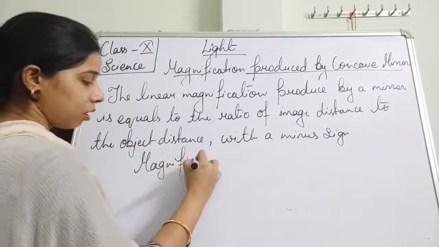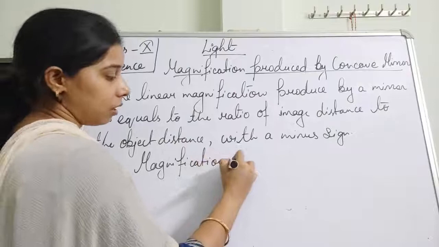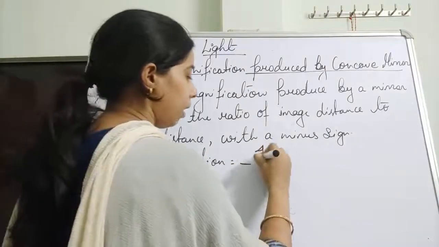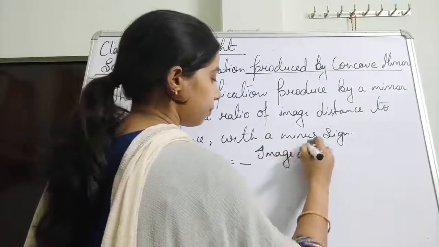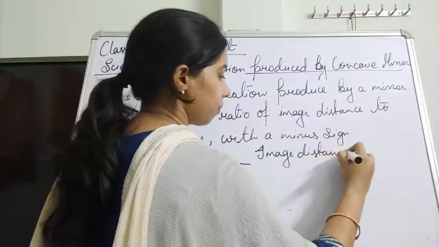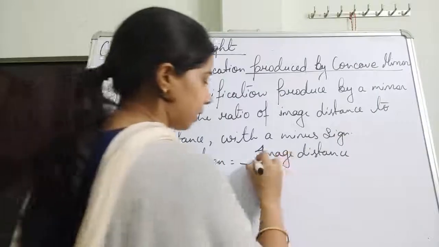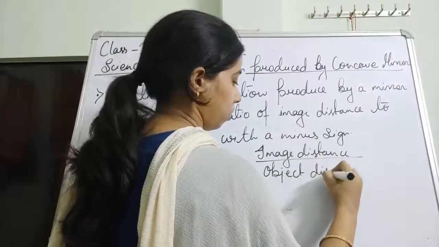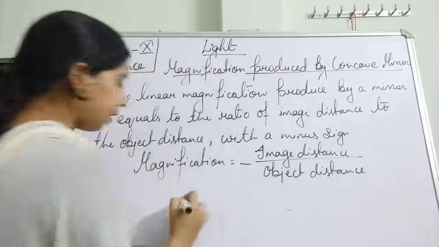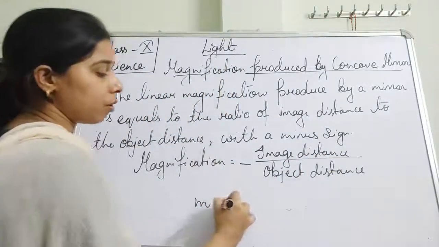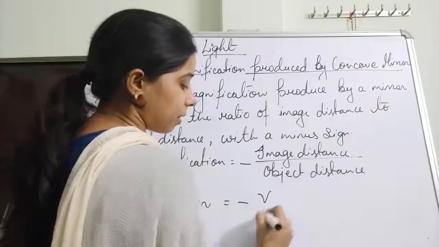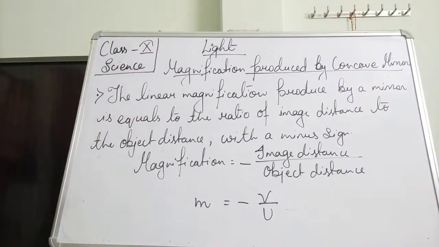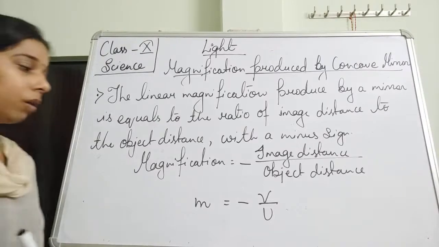So we can write it here: magnification or linear magnification is equal to minus image distance upon object distance. Or in symbols, m equals minus v upon u, where image distance is represented by v and object distance is represented by u.